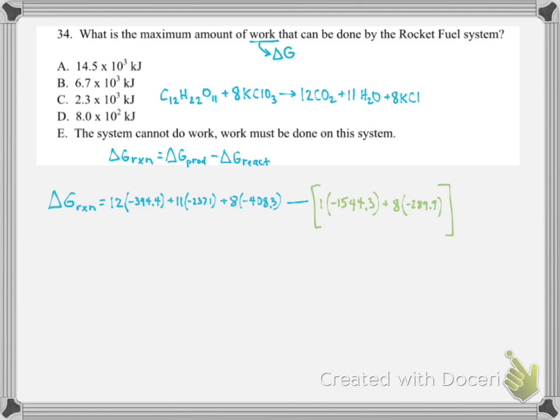Okay, and then we can evaluate that. The products, if you add those all together, end up being about negative 1.06 times 10 to the 4th kilojoules. And the reactants end up being about negative 3.8635 times 10 to the 3rd kilojoules.